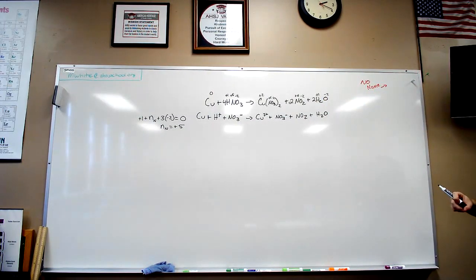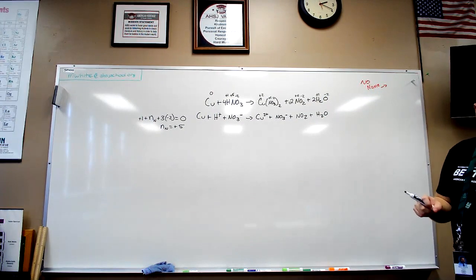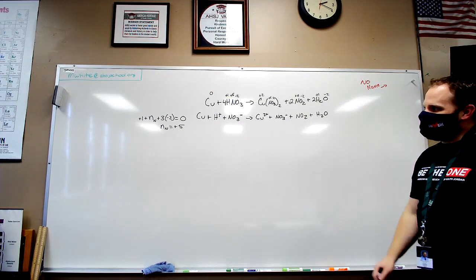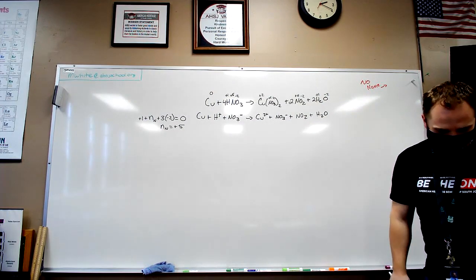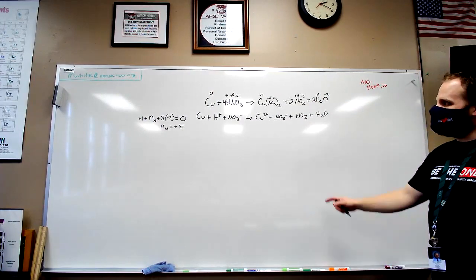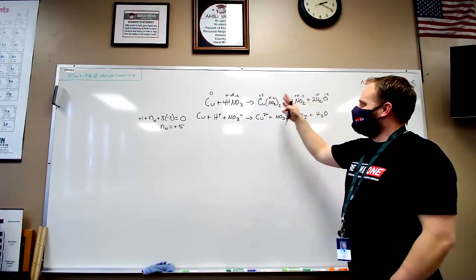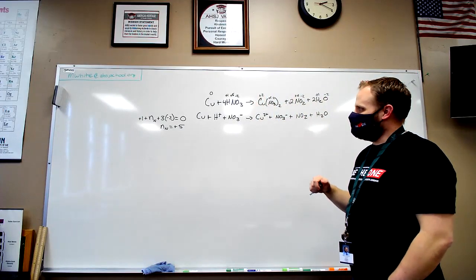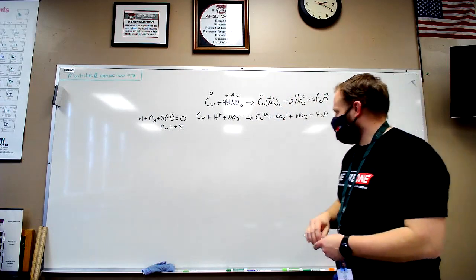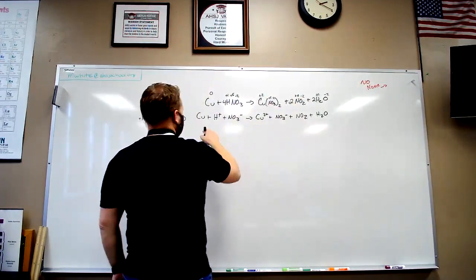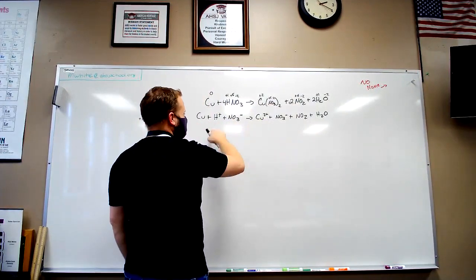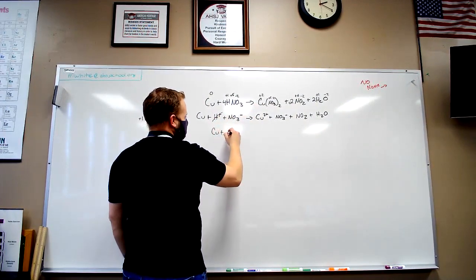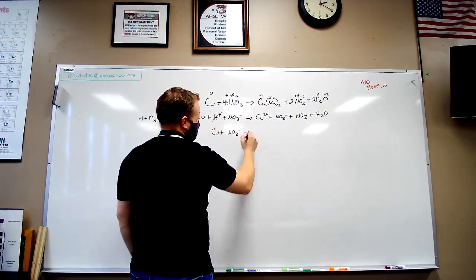So at this point, we can get rid of all of these things that don't actually participate. Any of these where the number is the same on both sides, we can just get rid of. So obviously, copper and our nitrogen we need to keep, but hydrogen stays the same, so we can get rid of it. So we just have copper and our nitrate.